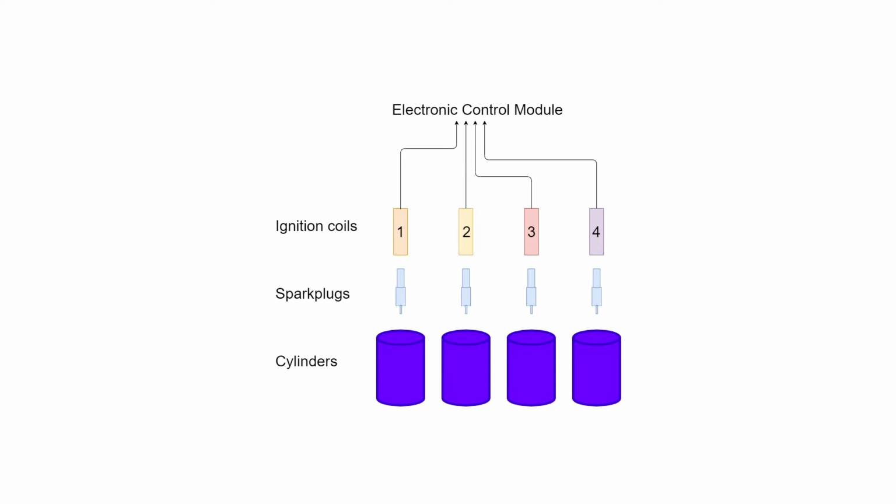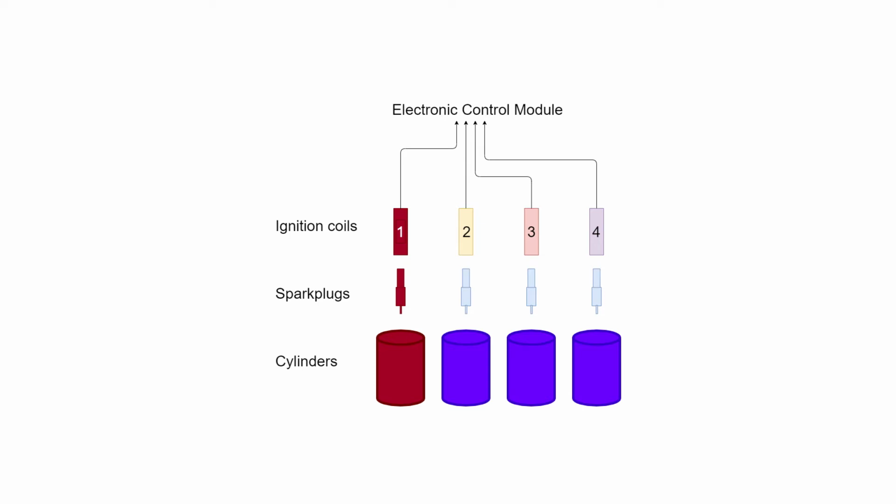Here you have a diagram of my 4-cylinder engine. You have ignition coil 1, 2, 3 and 4. And as we know, the problem is in cylinder 1, so it could be the cylinder, the spark plug, or the ignition coil.